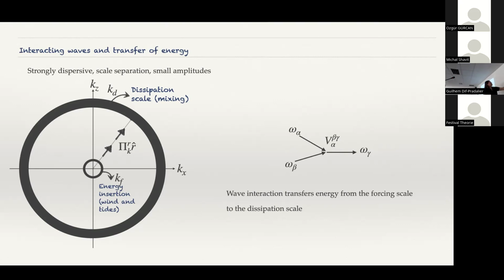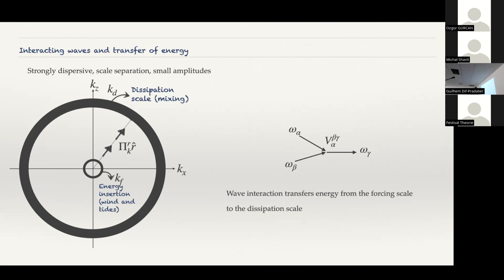And if these two scales of dissipation and forcing are separated, because energy is conserved, we plot the energy density in wave number k.